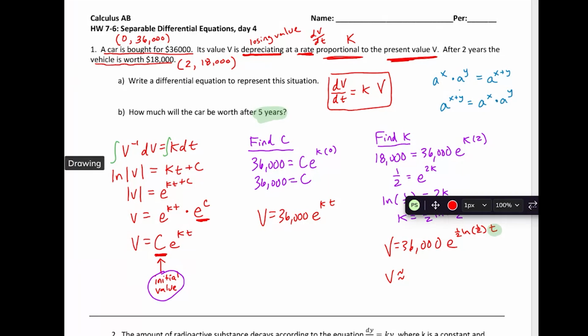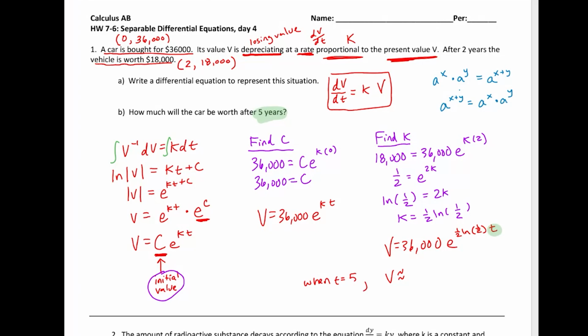Okay, so maybe I'll just make this a little bit more clear. When t is 5, v is approximately $6,363.96. And I got that from the calculator. I did not calculate that in my head, obviously. Okay, so there you go. You got the value of the car after 5 years.